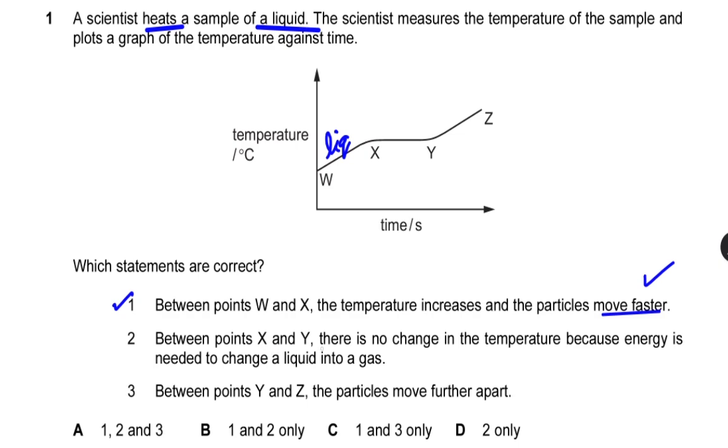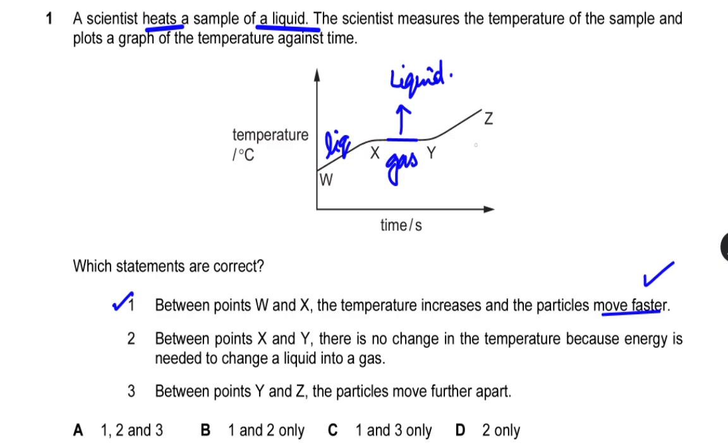Statement 2: between points X and Y, there is no change in the temperature because energy is needed to change a liquid into gas. Yes, temperature remains constant for a while because two states are present here, liquid and gas. Statement 3: between points Y and Z, the particles move further apart.